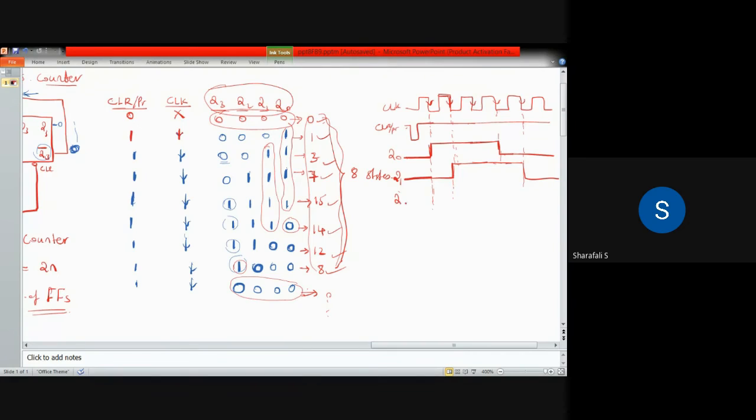Again, if you go for Q2, it is 0 until this clock pulse edge, and becomes 1 here, and continues in that state until this clock pulse edge arrives. And Q3: Q0, Q1, Q2, Q3, we have 4 zeros, right?